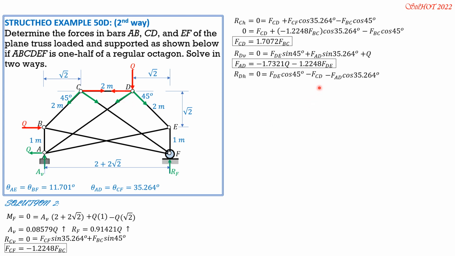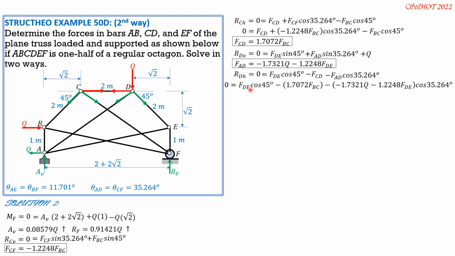So substitute the value of FCD, which is in terms of FBC, and FAD, which is equal to this. So 0 equals FDE cosine 45 minus 1.7072 FBC minus FAD, which is negative 1.7321Q minus 1.2248 FDE, then cosine of 35.264.